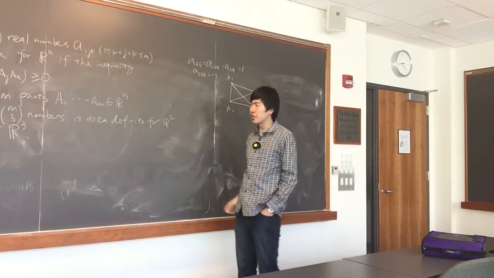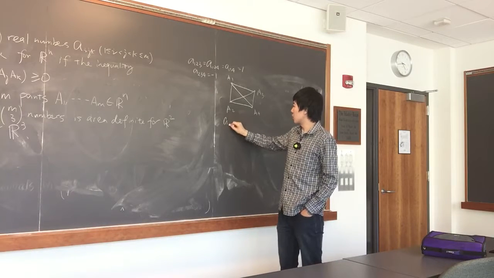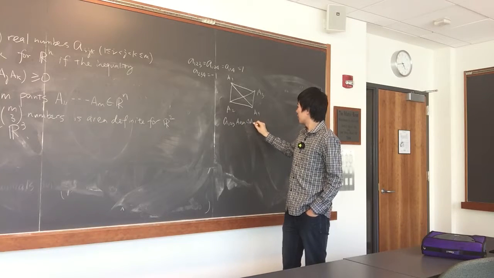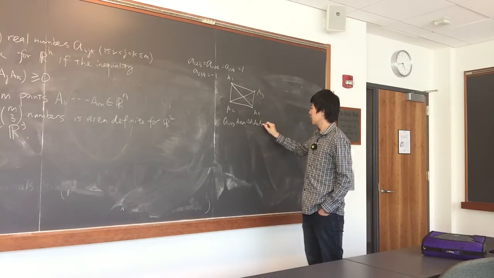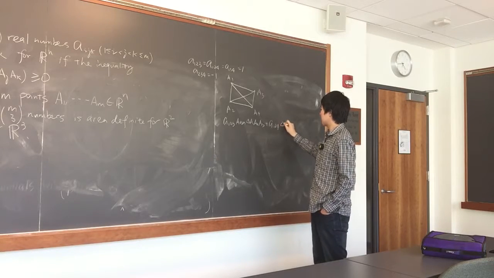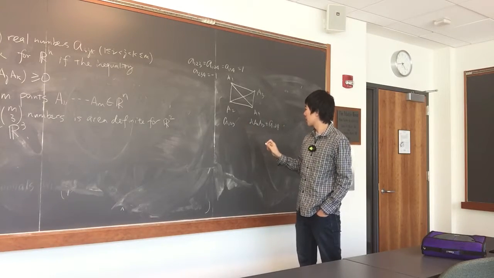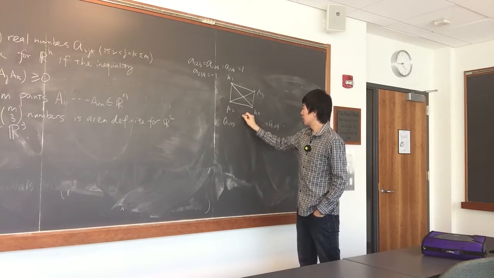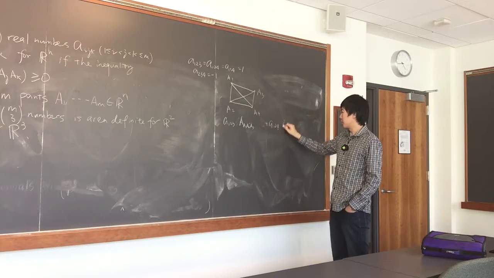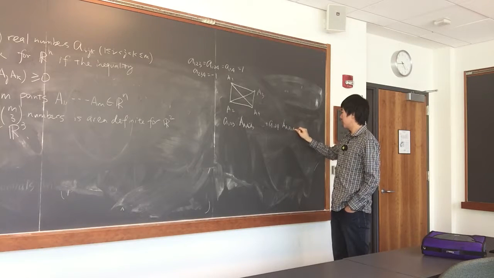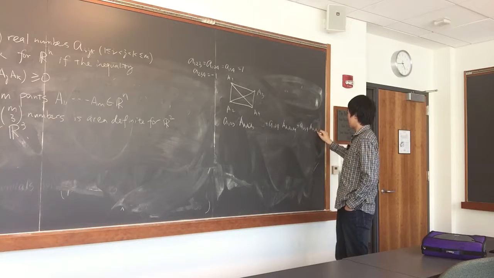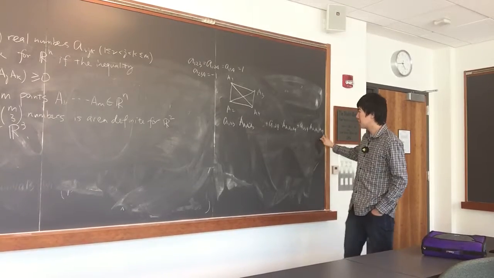So if we do write down the inequality here, what we'll have is A123 times the area of A1, A2, A3, plus A124 times the area of A1, A2, A4, plus A134 times the area of A1, A3, A4, plus A234 times the area of A2, A3, A4.